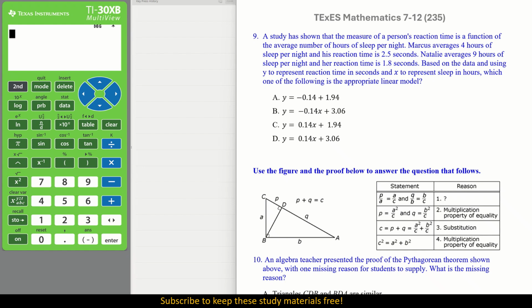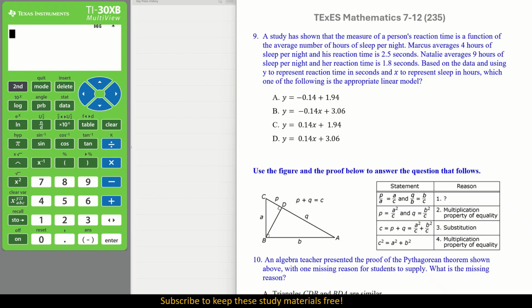Natalie averages 9 hours of sleep per night, and her reaction time is 1.8 seconds. Based on the data and using Y to represent reaction time in seconds, and X to represent sleep in hours, which one of the following is the appropriate linear model?